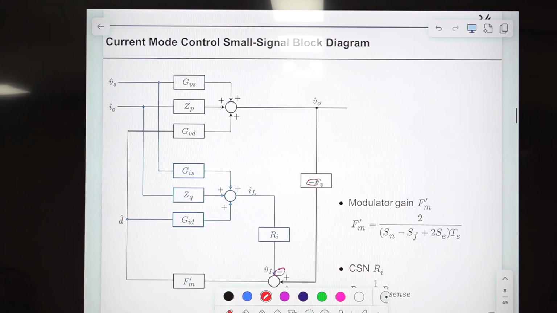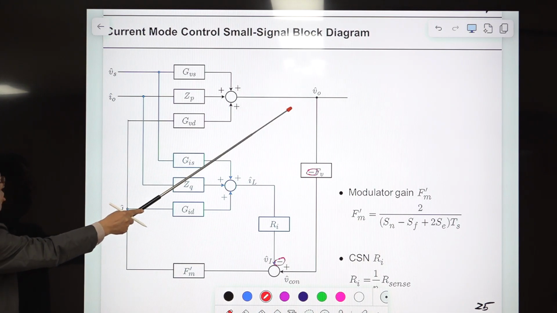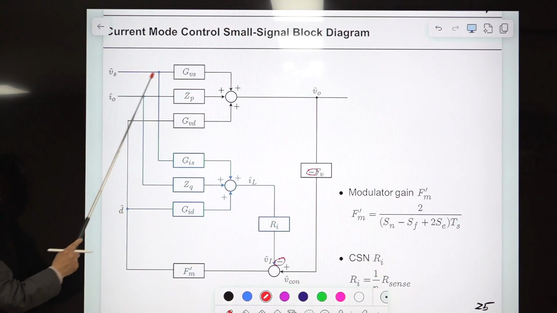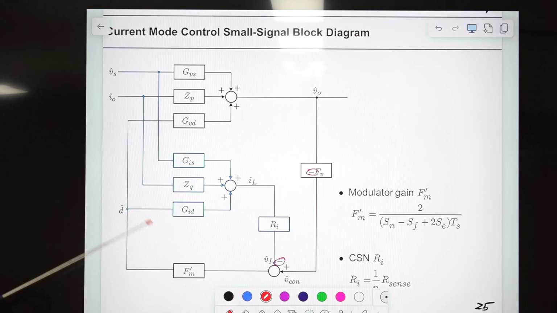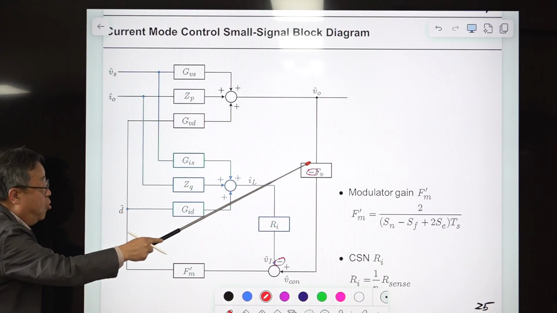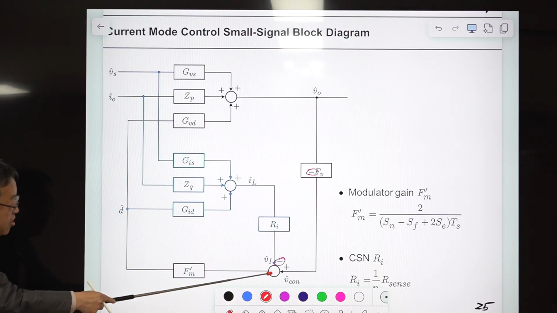And the small signal block diagram. First, forget about these boxes with blue lines. So you have only the black ones. This is the input to output open loop transfer function, load current to output open loop transfer function, and this is the duty ratio to output transfer function. For the voltage mode control, there is a voltage feedback compensation FV here, and it's coming here.